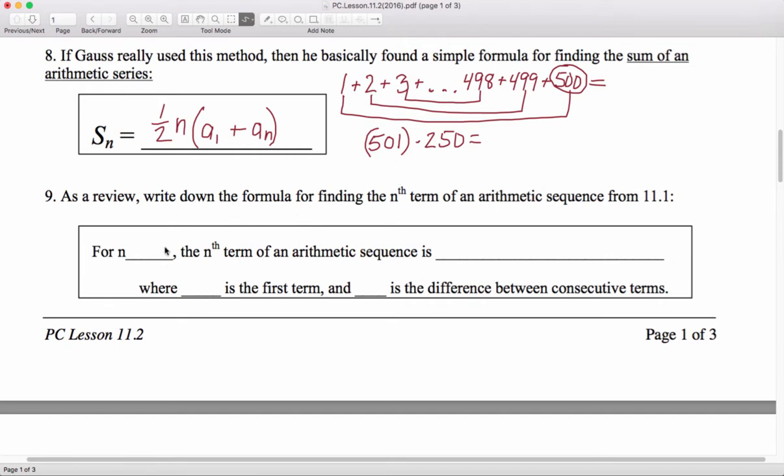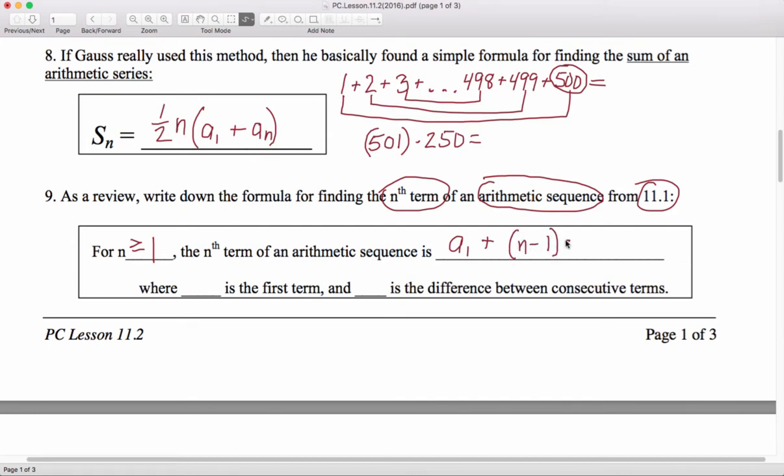So let's take this now to the next level. If we go back and remember how you find the nth term of an arithmetic sequence, this is from a previous lesson, lesson 11.1, we learned that as long as you have at least one term, the formula is the first term plus n minus 1 times the difference.